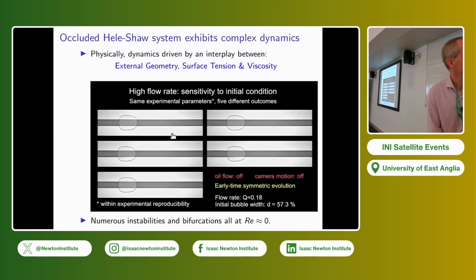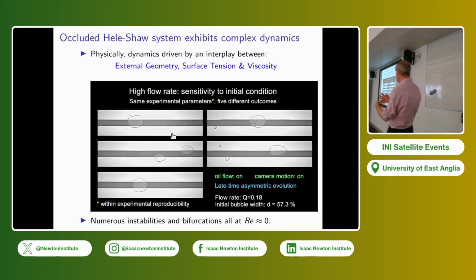Let's let that loop one more time. And what you'll hopefully already see is that this is very sensitive to exactly how the bubble splits. Bubble breakup and recombination is quite crucial in some of the complex behavior that we see in this system.